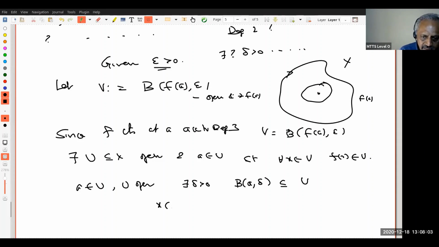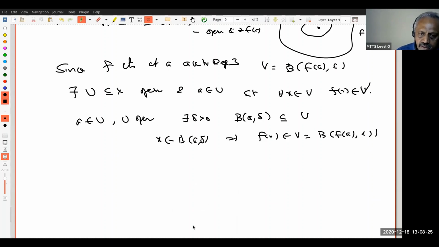But then take x in B(a, delta). What happens? This is contained in U, therefore x belongs to U, but then for every x in U, f(x) belongs to V. This implies f(x) belongs to V, but V is B(f(a), epsilon).